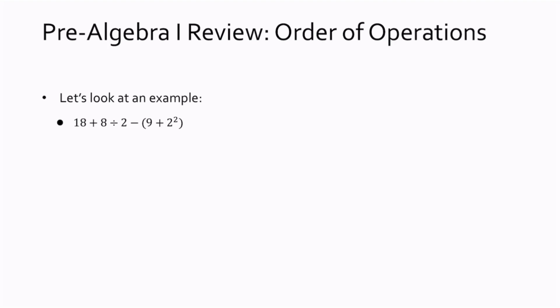We have 18 plus 8 divided by 2 minus (9 plus 2 squared). And if we remember our order of operations, parentheses, exponents, multiplication, division, addition, subtraction. We have some parentheses in here, so we need to do the parentheses first.